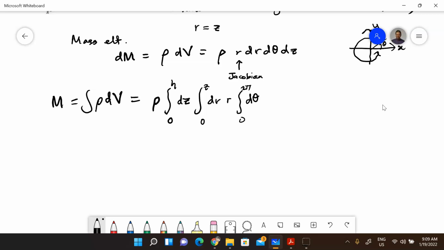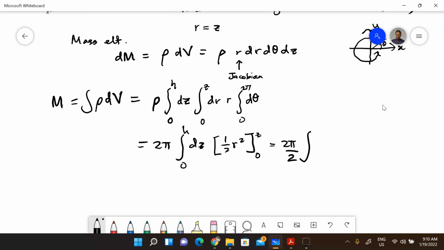The easiest integral we do first, so that gives you 2 pi, and then you have the r integral, which will give you half r squared. So let me do this: z, and then half r squared integrated from 0 to z, and that will give 2 pi times 1/2. So let's bring out the half in front.